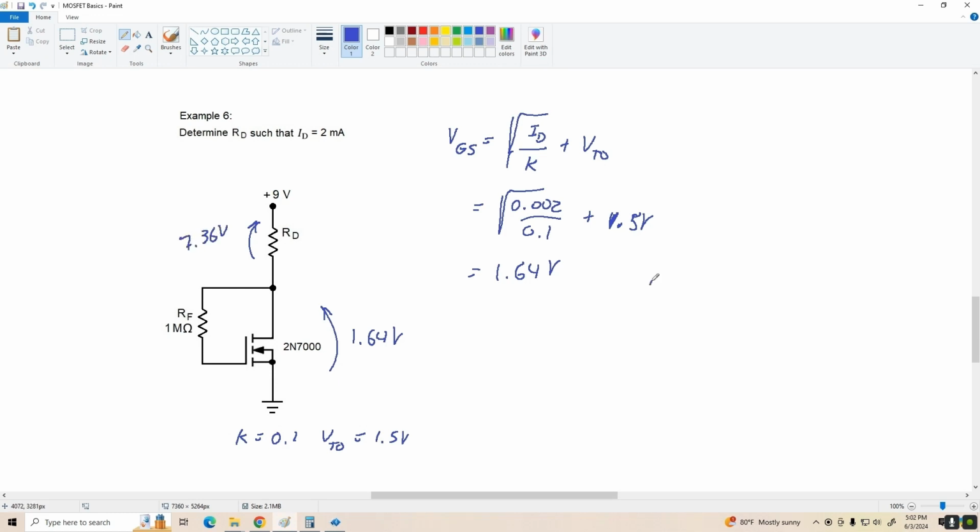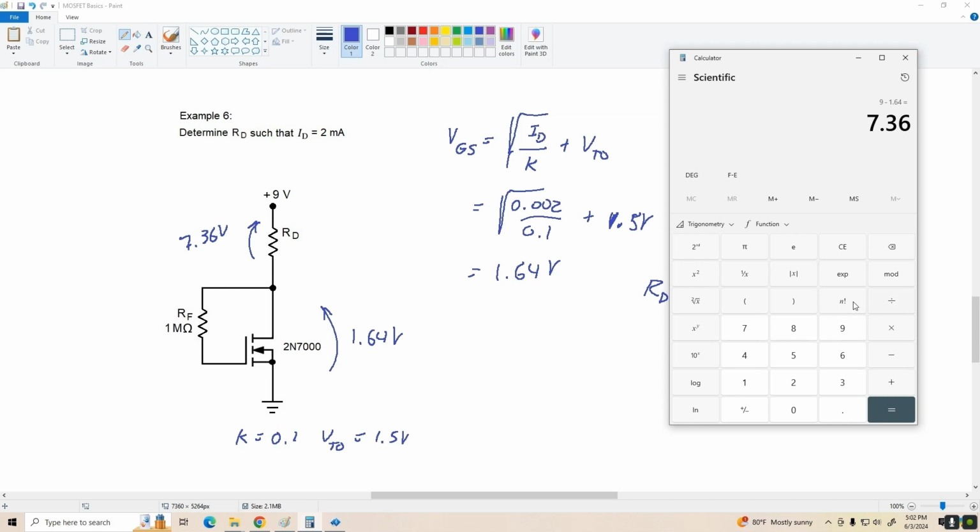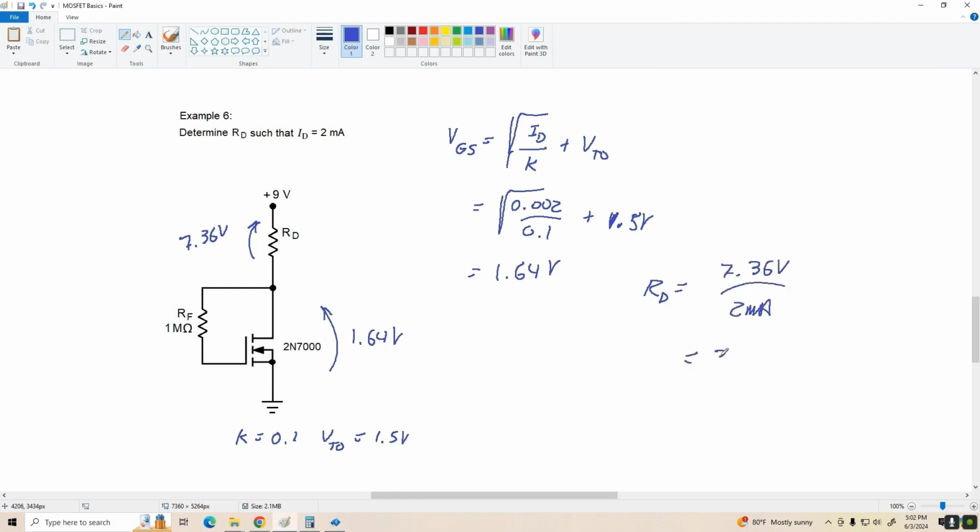So using Ohm's law, R sub D equals 7.36 volts divided by 2 milliamps, and let's see what we've got here. 3.68K, 3.7K if that was a standard value. The closest standard value is about 3.9K, so that's what I'd go with here, 3.9K ohms, and that would get us pretty close.